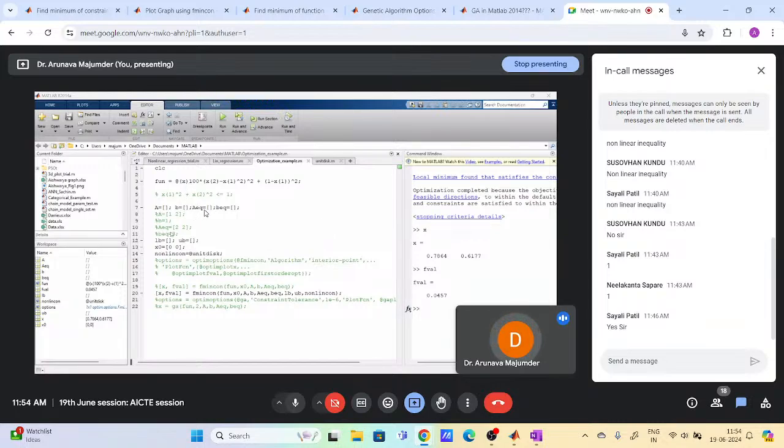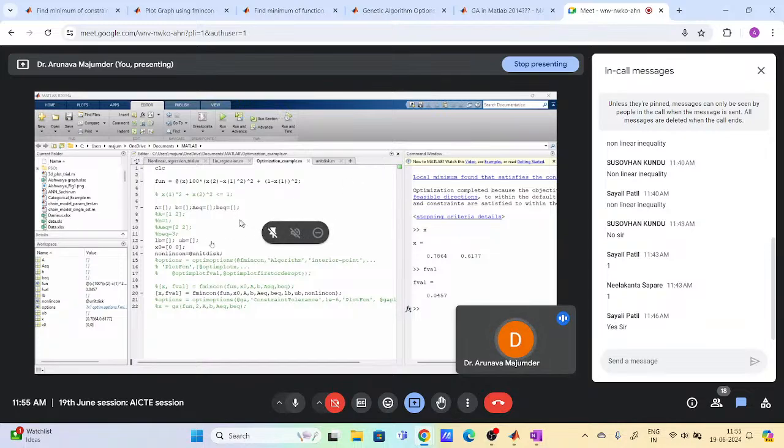But in this particular function, there is no linear inequality and no linear equality. Only a single constraint is present in this problem, the nonlinear inequality constraint. No other constraint is given.